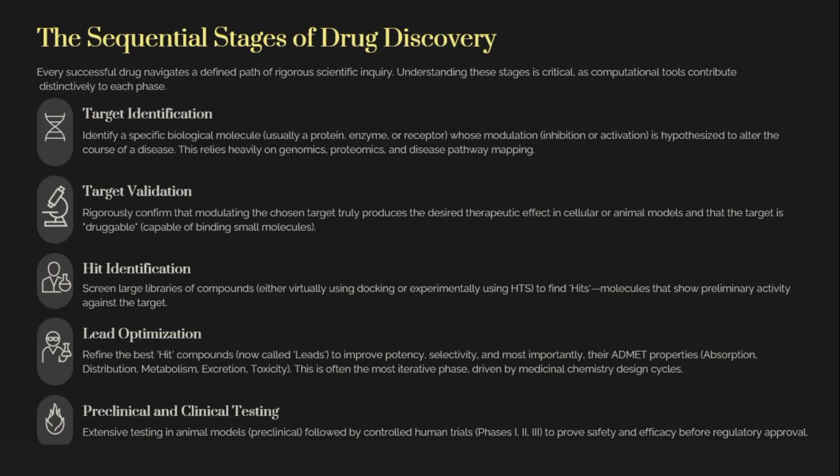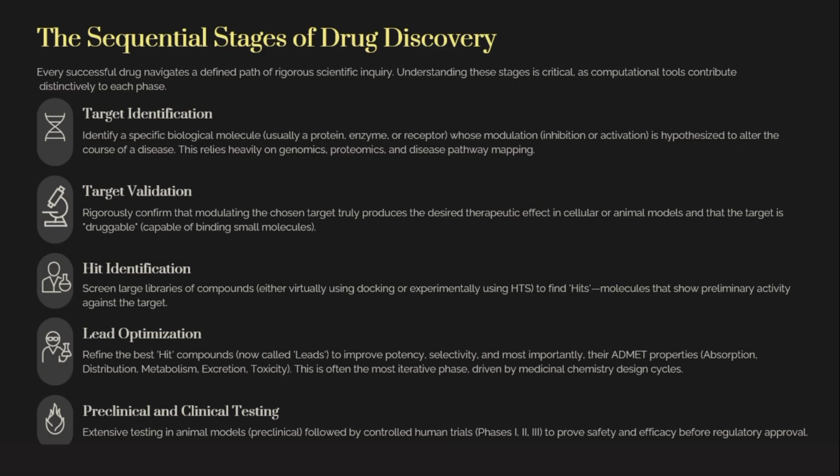These all relate to our body: when we take this compound, how it is absorbed in our body, how it distributes, how it is metabolized, and how it is excreted out of our body. And also the main thing is the toxicity. Is it toxic or not? Will it cause any toxicity in our body or not?